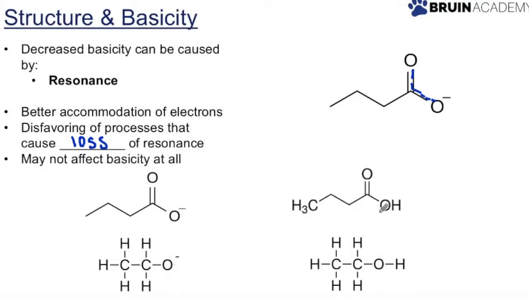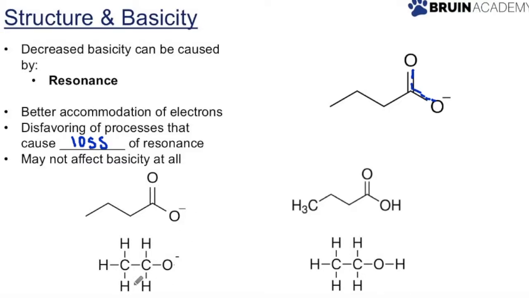You have resonance here, now you no longer have this resonance due to that hydrogen being there. And this is disfavored, and this leads to reduced basicity of the molecule, because now it doesn't want to donate its electrons as much, and it doesn't really want to accept protons either, because that means that it would lose its resonance.